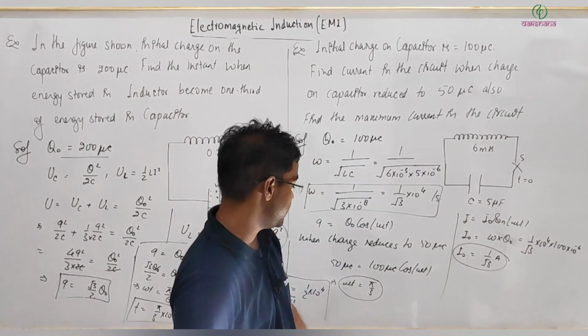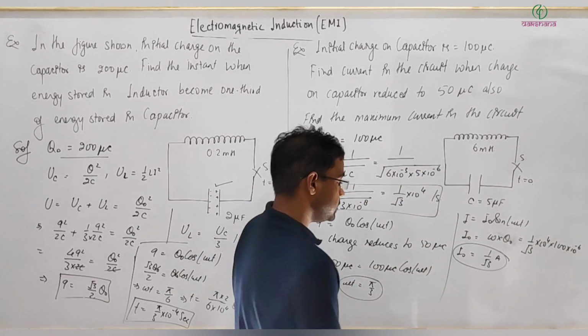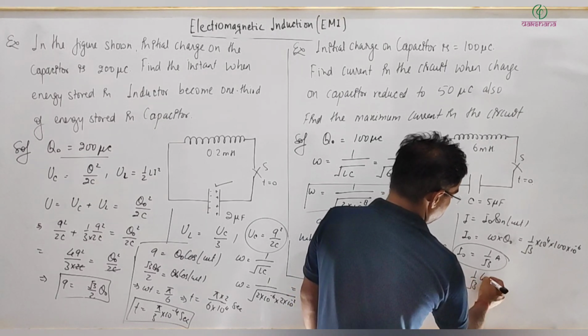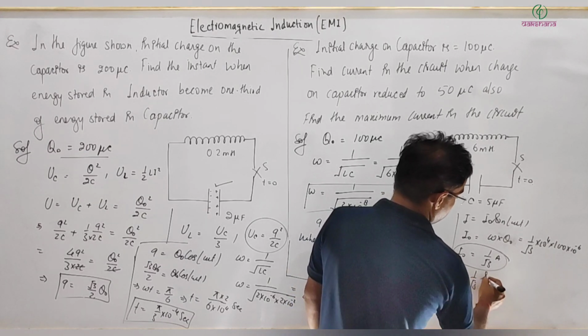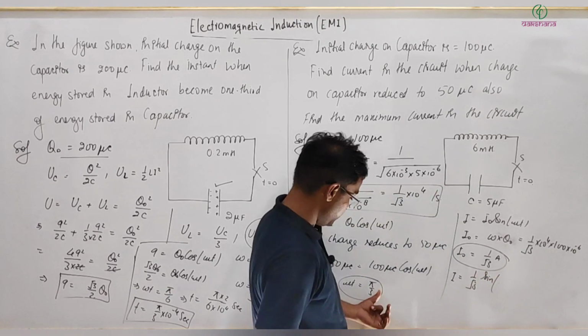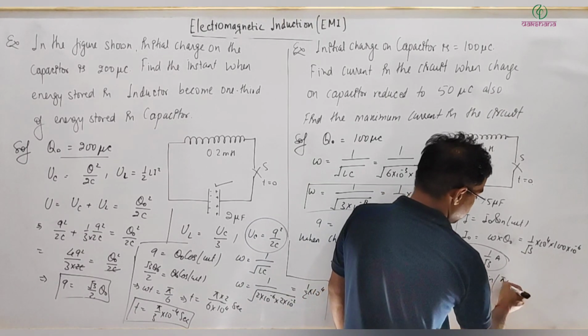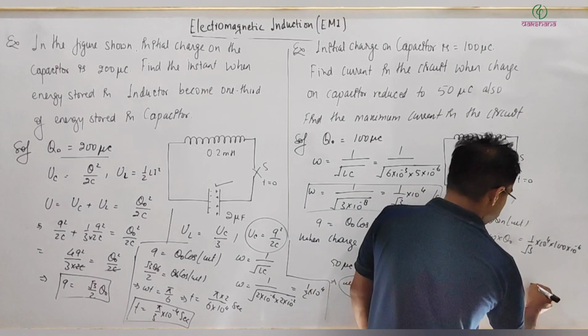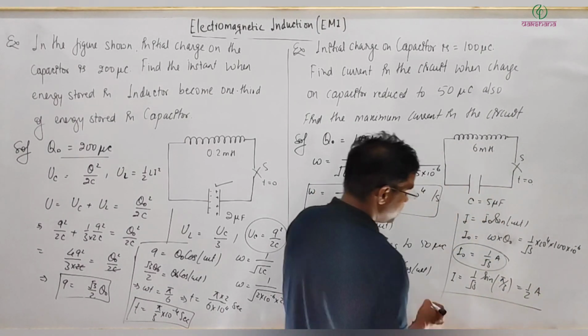We got the maximum current, and so I is equal to 1 by root 3 into sine of omega t, and omega t is pi by 3. Sine of pi by 3 means it's root 3 by 2, so it's coming out to be 1 by 2 ampere.